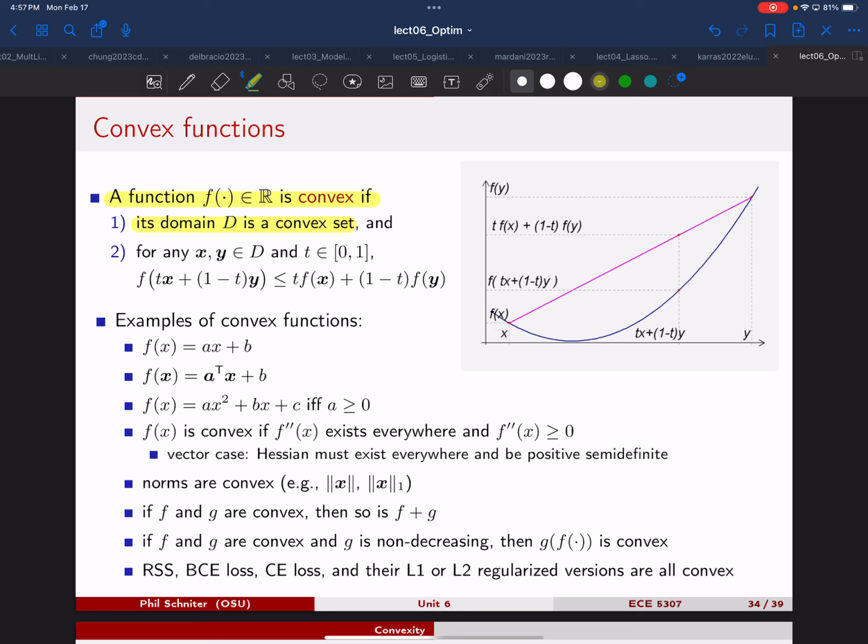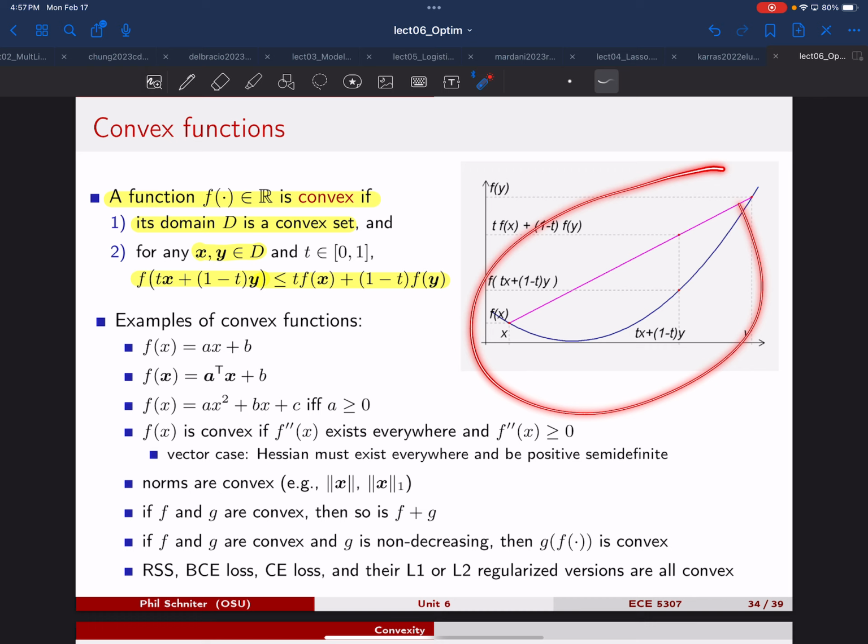But also, if you look at any 2 points in this convex set, you need the convex combination of the inputs applied to the function to be less than or equal to a convex combination of the outputs of the function. This is best illustrated with a picture again. The input here is one-dimensional, so x and y would be scalars.